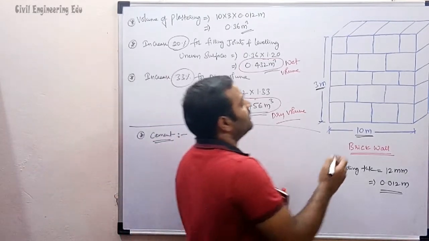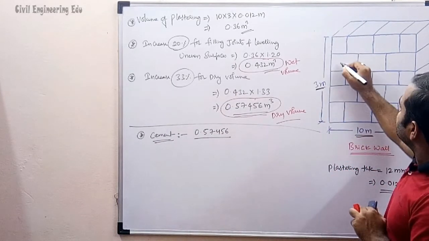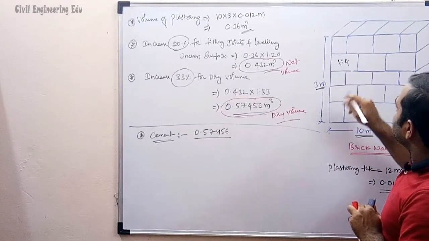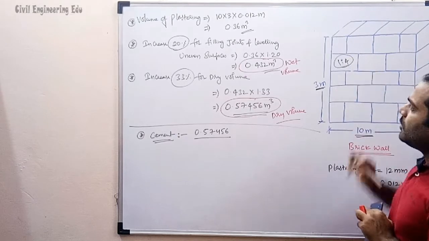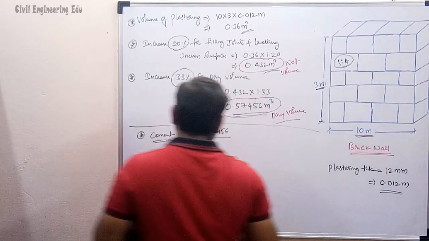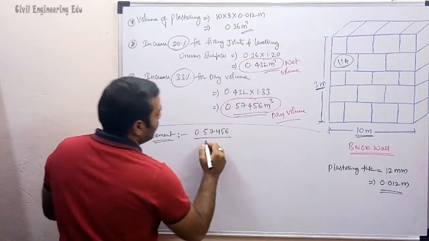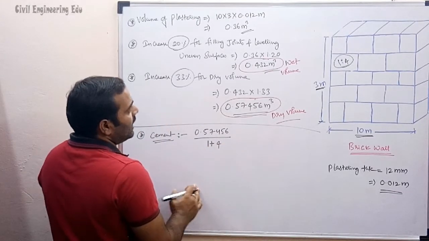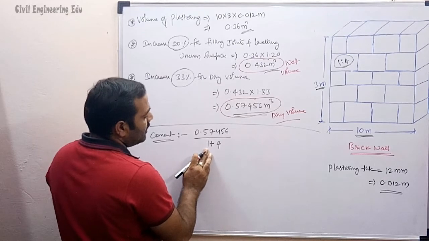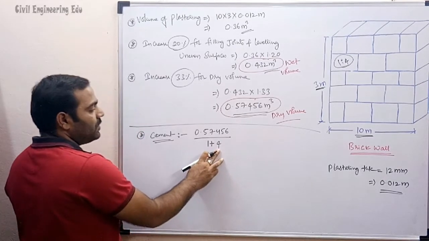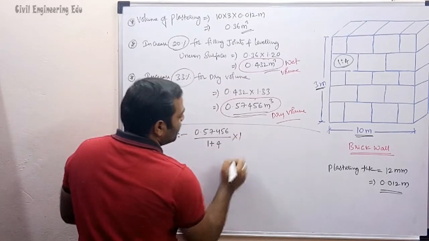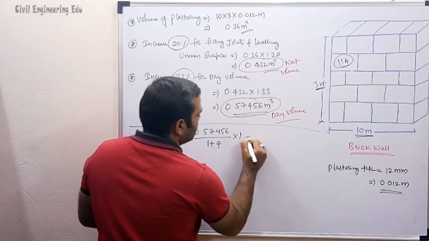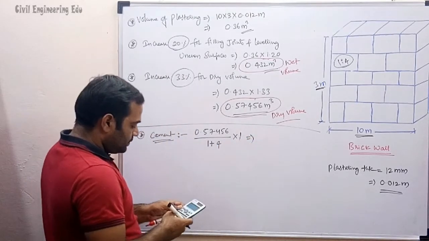Let us take 1:4. This is our mix proportion. We need to add 1 and 4. As the cement is occupying 1 unit and fine aggregate is occupying 4 units, here we can simply multiply with 1, or else it is no problem.